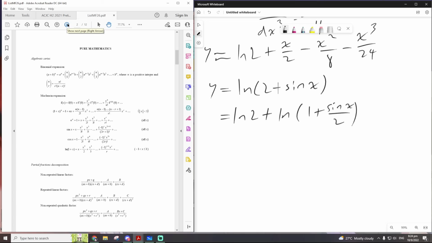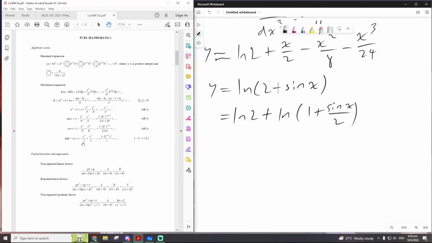Because we need to approximate up to x cube order, we're only going to need the terms up to x cube.